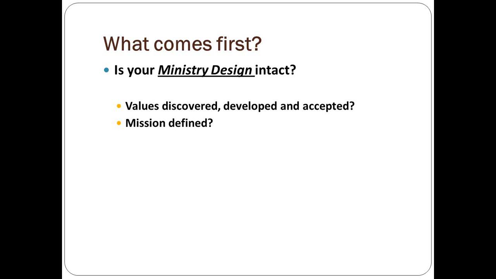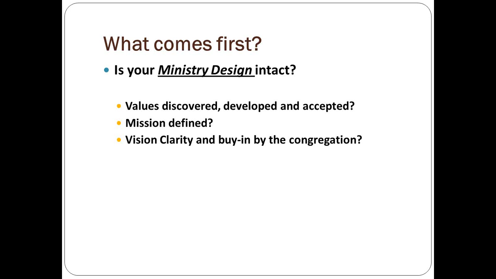No mission, no future. If you don't have your mission intact, then you can't really move to vision clarity and buy-in by the congregation. And you need to make certain that your vision has three characteristics. Number one, is it clear?